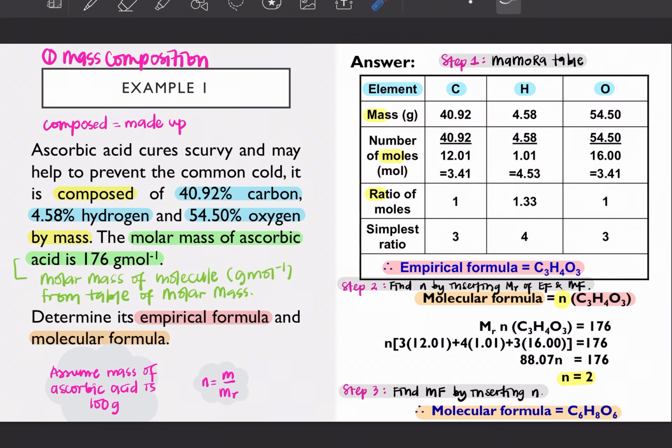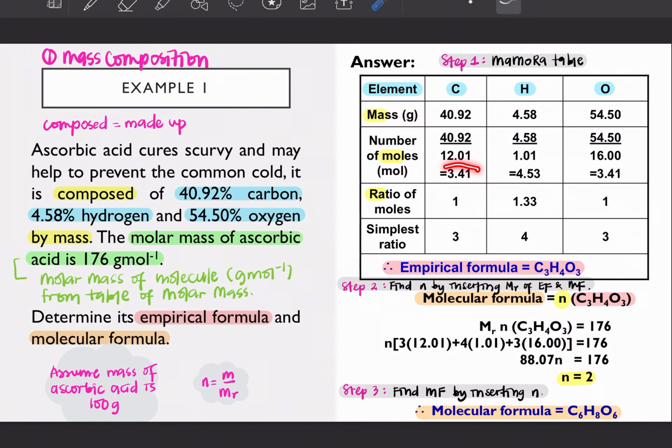This is important. Next, you're going to find the ratio of moles. How do we find the ratio of moles? Now that we have this number of moles for your elements, carbon, hydrogen, and oxygen respectively, we are going to use the smallest number of mole among these three.